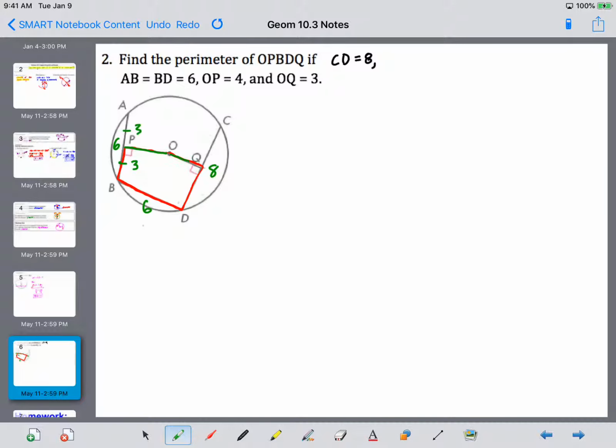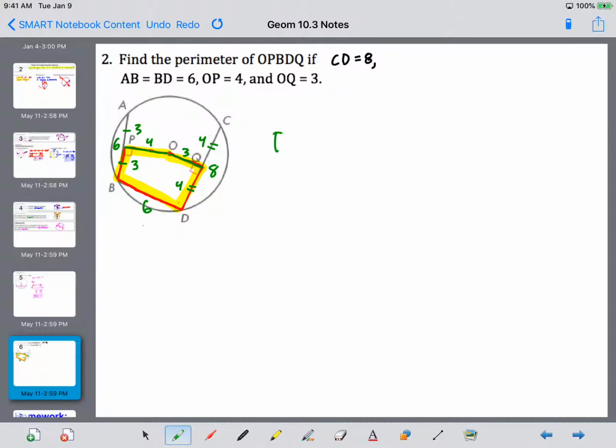And again, notice this is perpendicular, so these two are congruent, and both of those have to be 4. They also tell us OP is 4 as well, so this is 4 here, and OQ is 3. So O to Q is 3. And now we can use that to find the length of that perimeter.